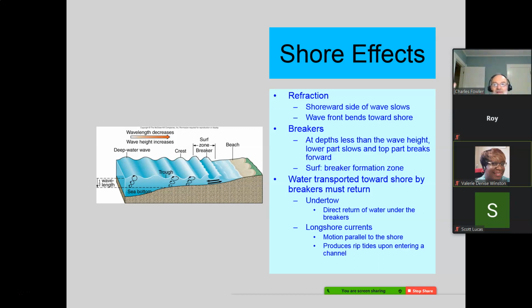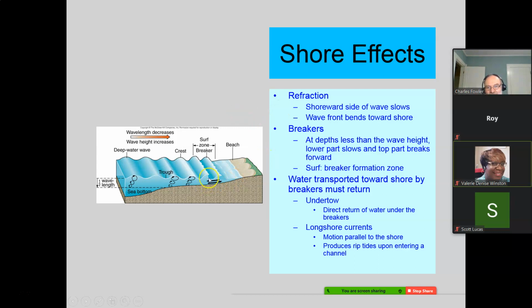But basically, picture that this is the shoreline, but the wave front is coming in this way. Then this part is going to hit the shore first, and that bends the waves. It bends the wave, and that's what we mean by refraction. That's a really terrible way to describe it, but that's what's happening.